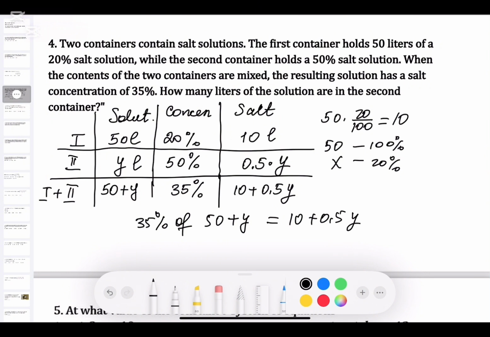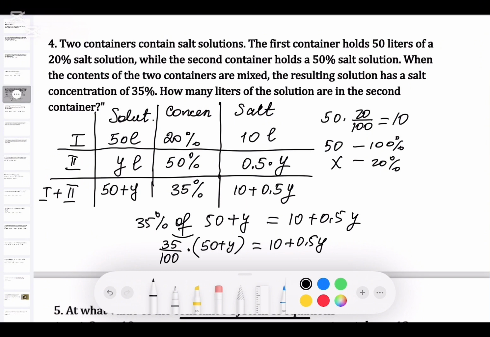Now I have to write it in a more mathematical way, without the words. So it's going to be 35% of 50 plus y: I'm going to multiply 35 over 100 times (50 plus y) equals 10 plus 0.5y.